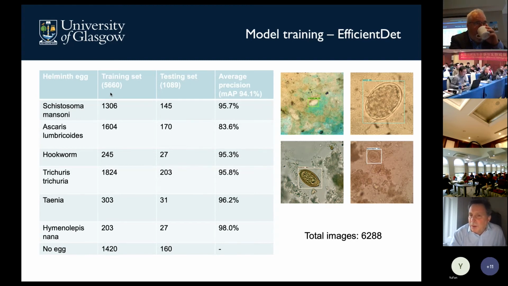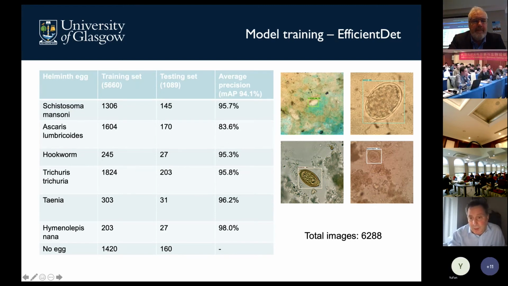Now, we used a very effective image recognition tool, which is made by Google, actually, called EfficientDet, which we incorporated into this. You can see that we've got sensitivities in most cases of round about greater than 95%.